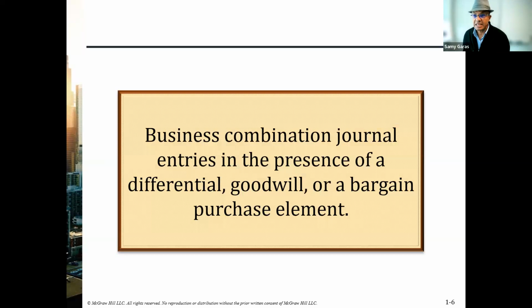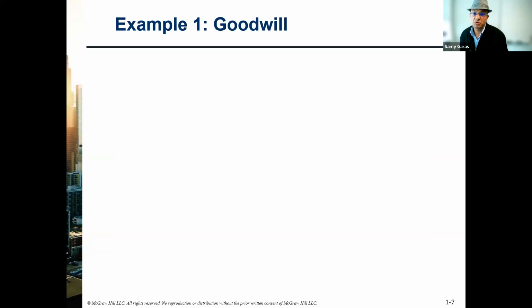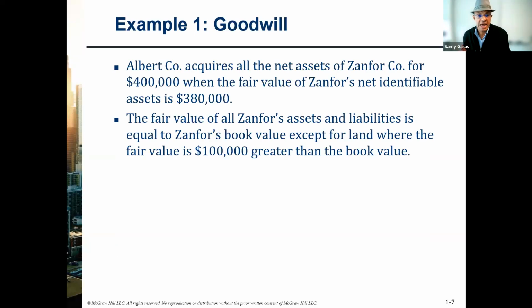But in reality, the parent company might invest in another existing company by giving them assets or shares. How can we do that? So here is Albert Company acquiring all.